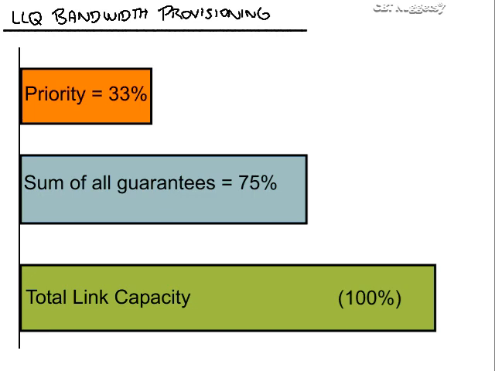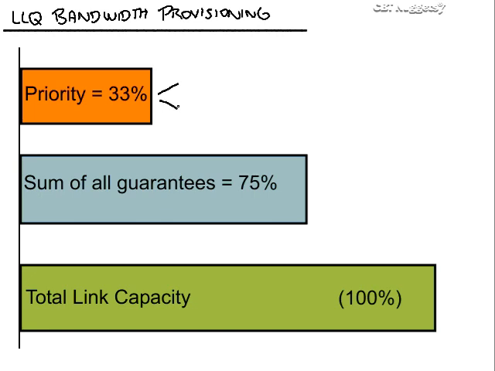So Cisco has come up with some rules of thumb. Not solid laws, but guidelines per se as to how you should divide up your link bandwidth. Down here I have the total link capacity of 100%. So you have 100% of your bandwidth to play with and to use for whatever applications you may desire. They say, again, rule of thumb, you don't have to, but you should only allocate up to 33% of that link for your priority applications. Most likely this is going to be your voice and your video applications that are consuming plenty of bandwidth on the network.